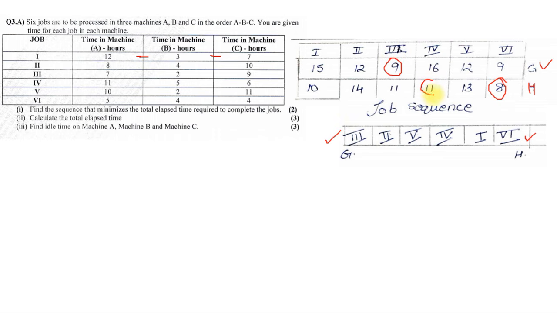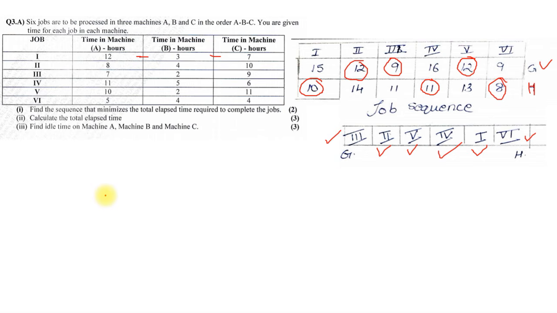Next is 11, which is under machine H. Next is 12, which is under G. Then we have again 12. Before 11, we have 10, which came here. And then we had 11, which is here. So our job sequence is 3, 2, 5, 4, 1, and 6.